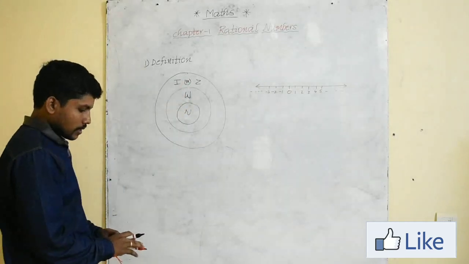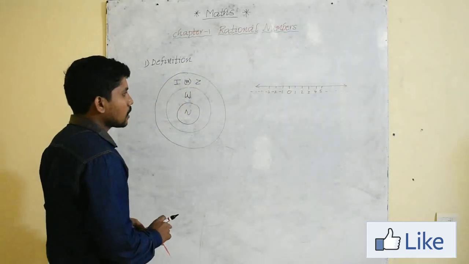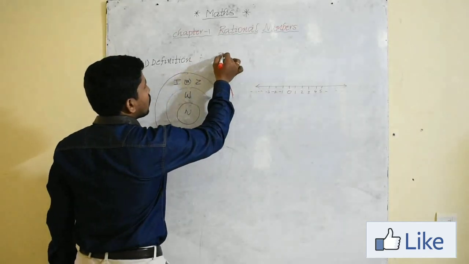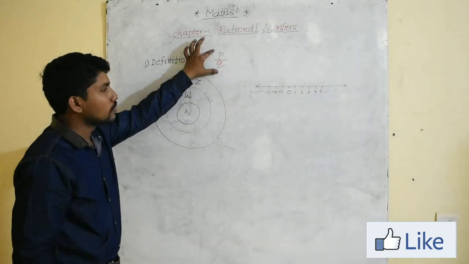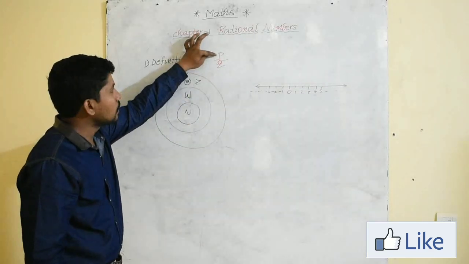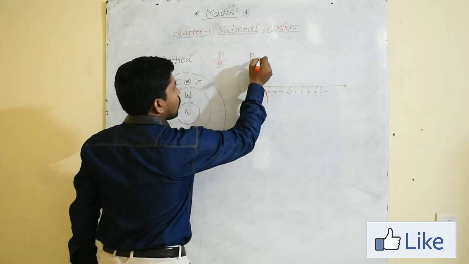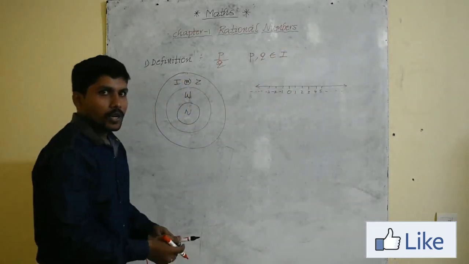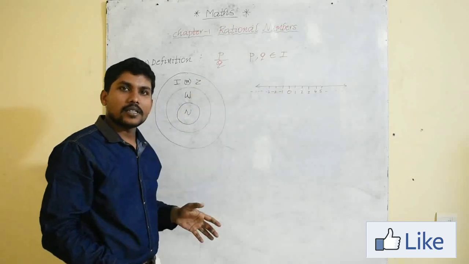Now for a clear understanding, we need to know what rational numbers are. So what do rational numbers mean? The numbers which can be expressed in the form of p by q, where p and q belong to integers, so p and q should be integers.